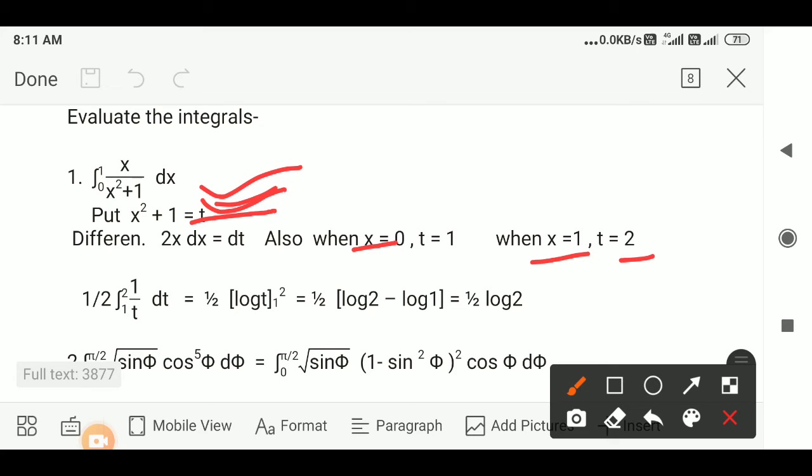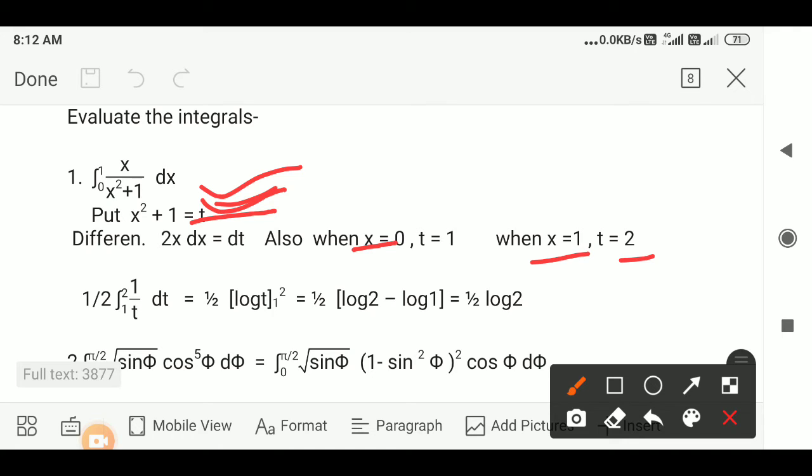Thus we get x dx will be dt by 2, so that will be 1 upon 2 dt upon t.